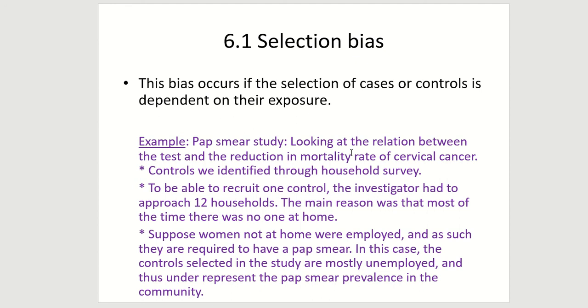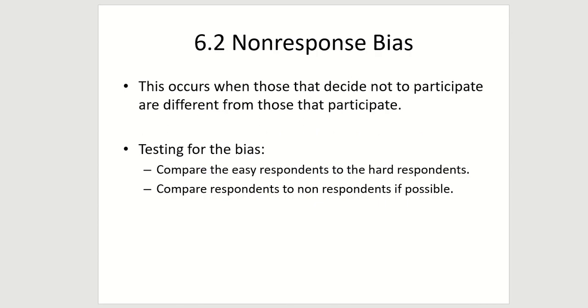Therefore you're picking controls that have a lower rate of pap smear, and you're going to end up with cases with a higher rate of pap smear and controls with a lower rate, and you're going to conclude that the pap smear is related to cervical cancer, but in reality it's not. It's just how you went about selecting your cases and your controls, leading to selection bias. The non-response bias occurs when those that decide not to participate are different from those that participate.